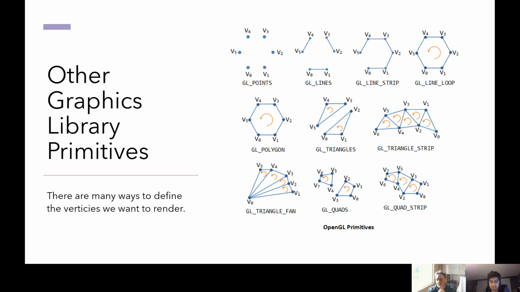You'll see the same thing for some of the mobile representations of the graphics libraries. And so in the case of WebGL, definitely quad strips are not included. I think I saw they finally added quads to it, but they tend to be a trimmed down version. There's no polygons in it.